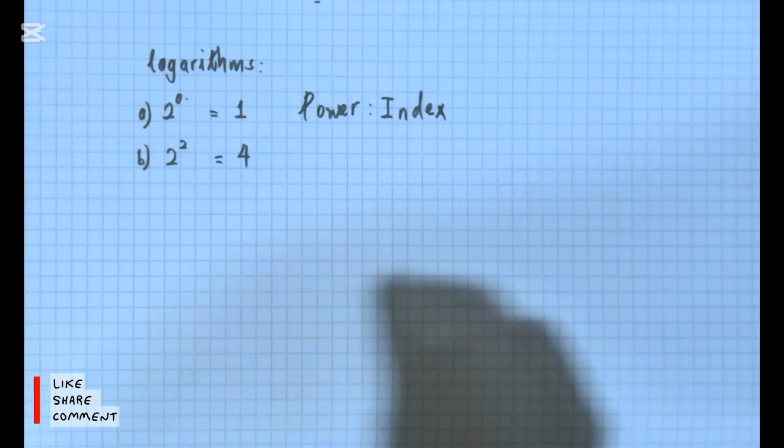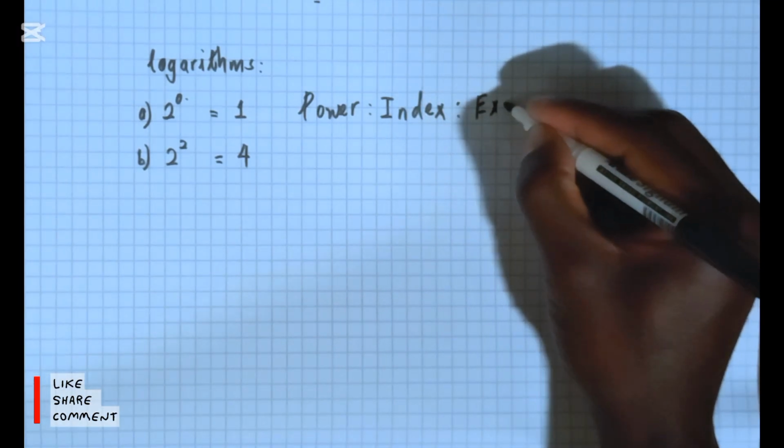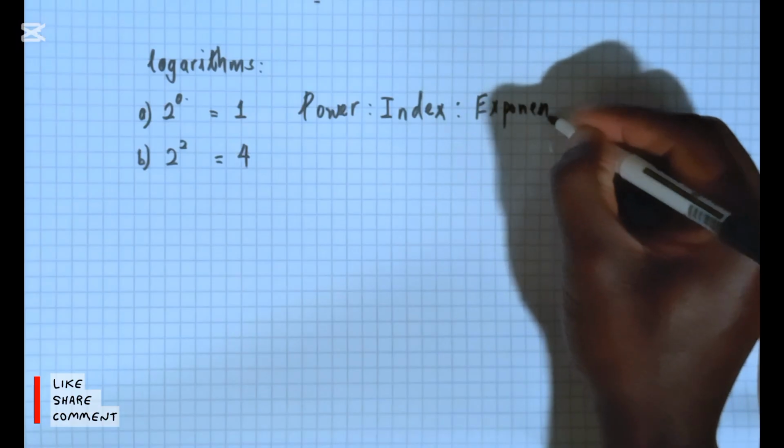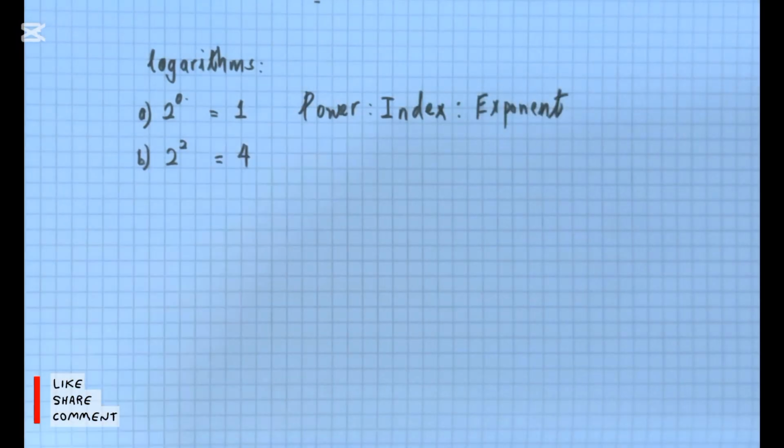And of course there's another term as well that is exponent. So if you are trying to figure out other ways of calling the term power in the index, you can also call it exponent. The same thing, nothing really much changes.